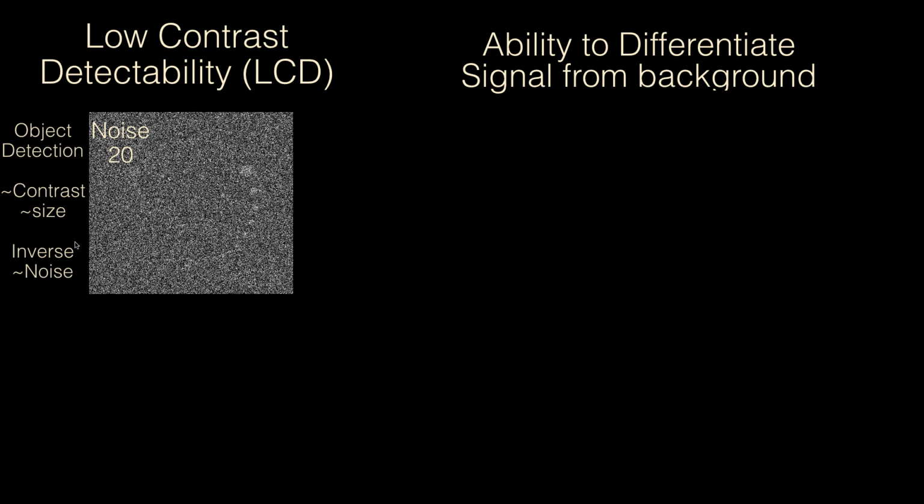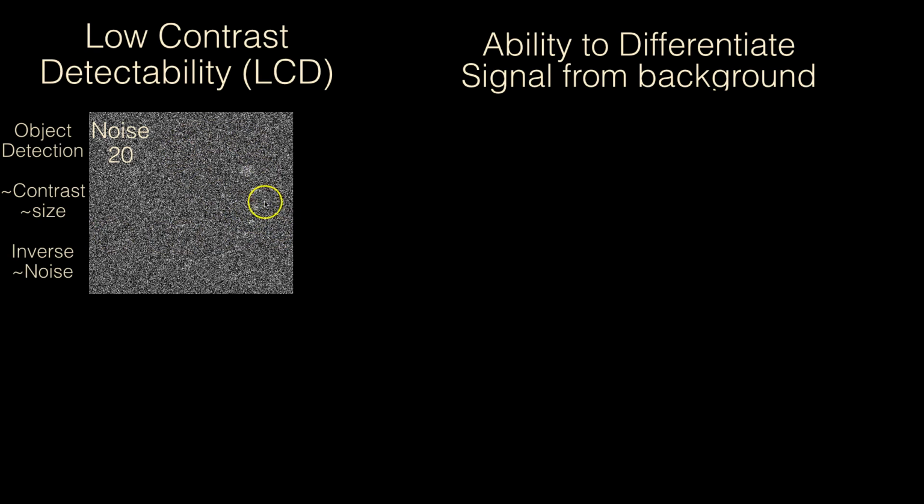So in general, what we want to know about low contrast detectability in medical imaging is that object detection is proportional to the contrast in that lesion, and it's proportional to the size of that lesion. And it's inversely proportional to the amount of noise which is in the image.